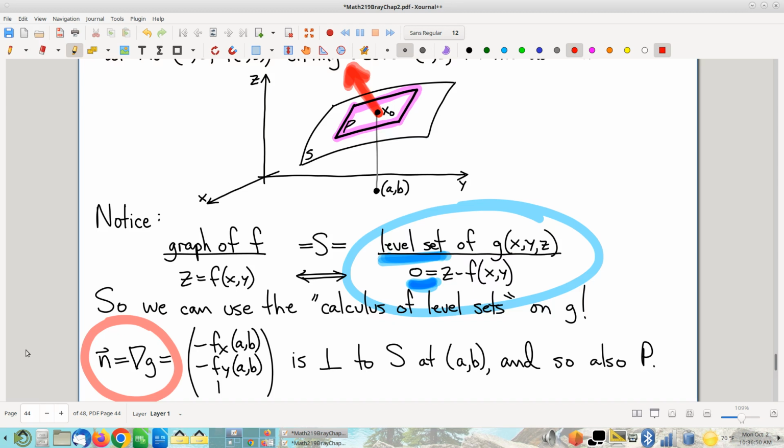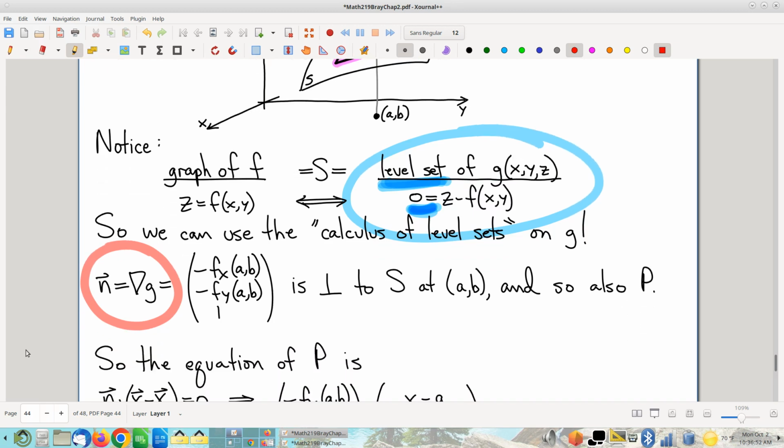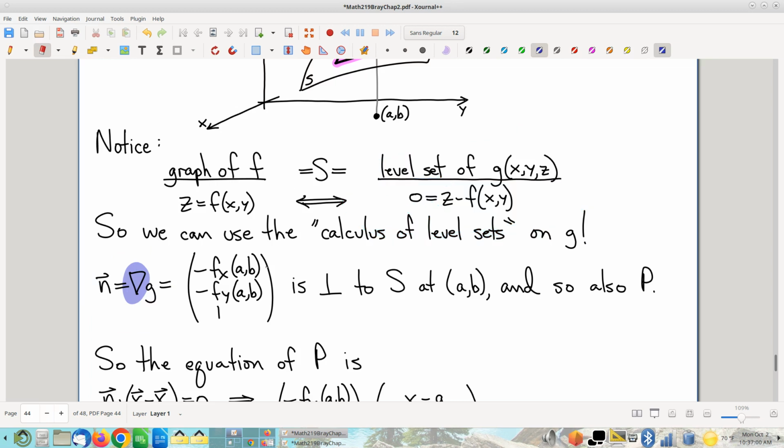So all we have to do then is compute the gradient of z minus f. And you can just think through now what happens when you take the various partials.